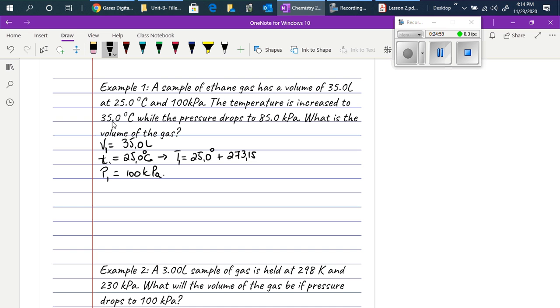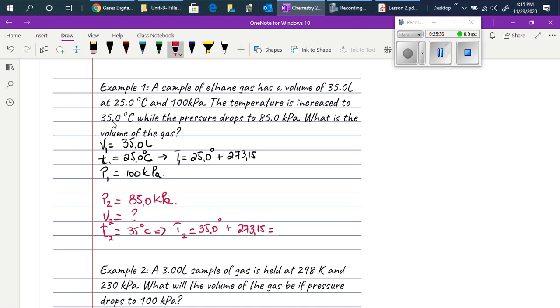And then for the second situation, we will have P2 at 85 kilopascal, and V2 is unknown, and T2 will be 35 degrees Celsius, which converted into Kelvin will be 35 plus 273.15.